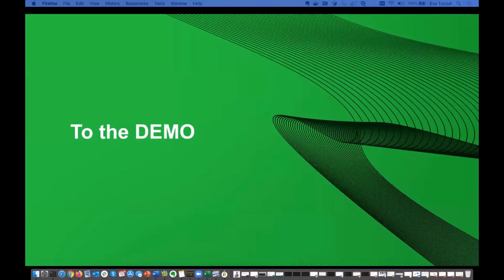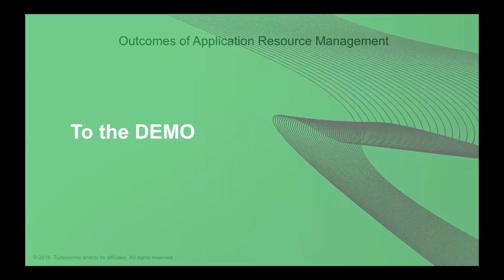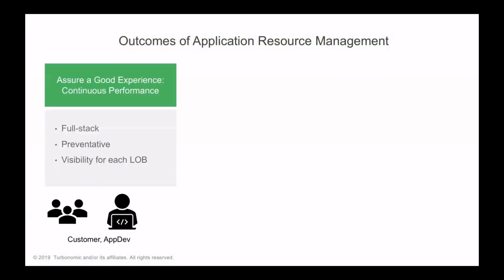And I think then just to finish this off, great demo. Just to summarize, when you're managing a growing and changing environment, the outcome of having intelligent analytics that are going to help you manage these decisions all the way through the stack of application resource management is that it assures good performance of your service and a good experience for all of your tenants, because these are actions that can be taken through the stack.